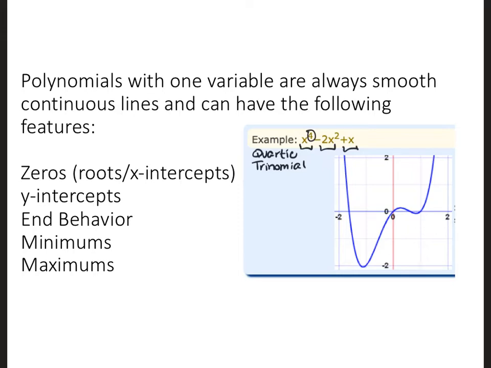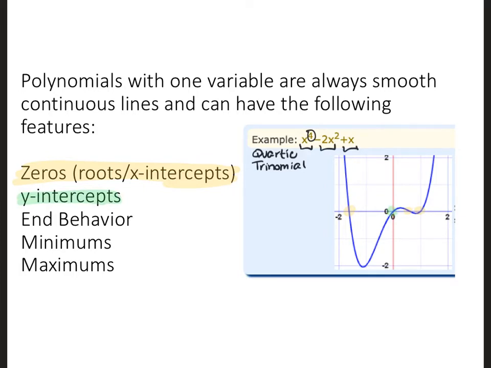When I talk about zeros, I'm talking about x-intercepts, also known as roots. And this quartic trinomial, you can see, has 1, 2, 3, 4 x-intercepts on this graph. Polynomials can have y-intercepts.